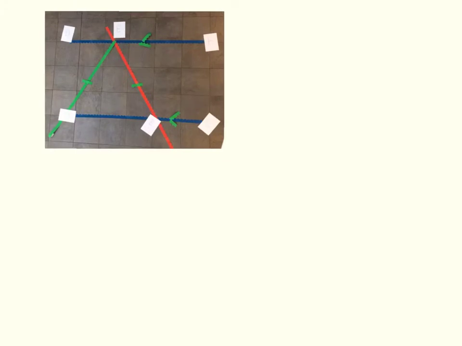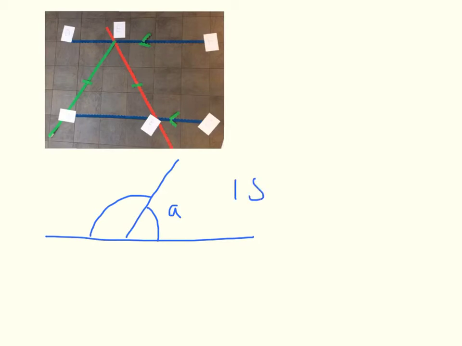The next rule I can look for is angles in a straight line. If I've got a straight line and a line coming off it, and I have a known angle that I'll call A, I know that I can find this angle because 180 minus A will give me the answer to this angle here because of angles on a straight line.